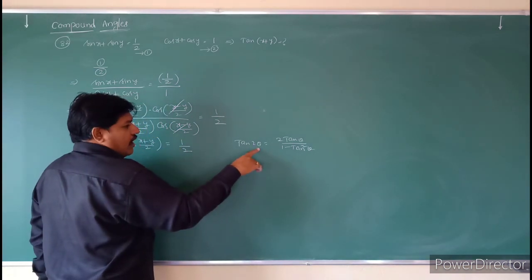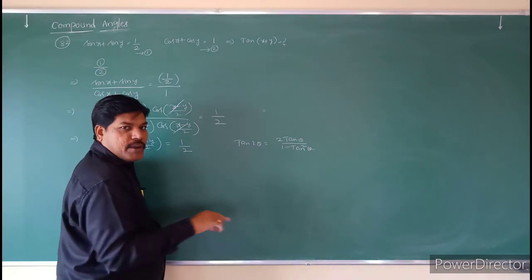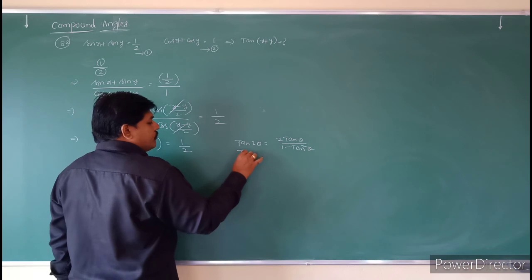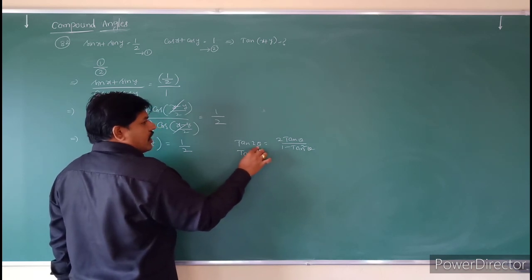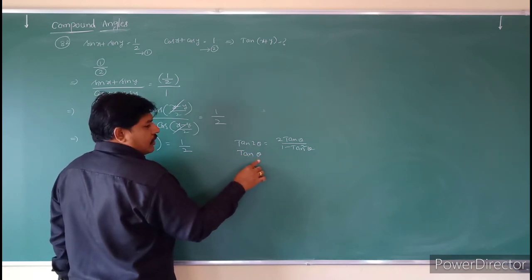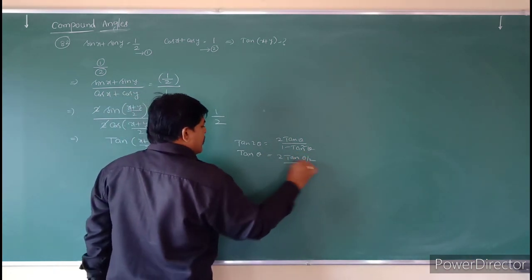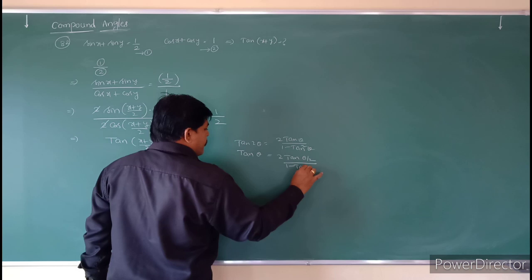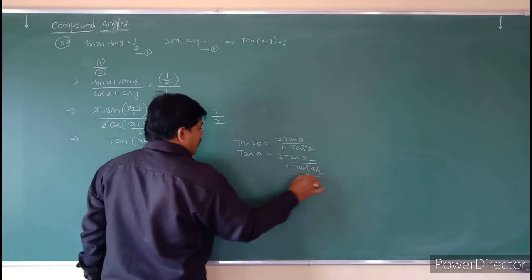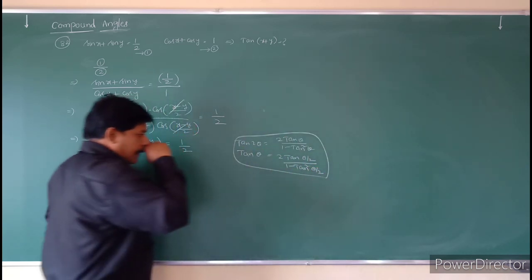In the place of theta, if you replace theta by 2, it will become tan theta is equal to 2 into tan theta by 2 by 1 minus tan square theta by 2. Use the half angle formula.